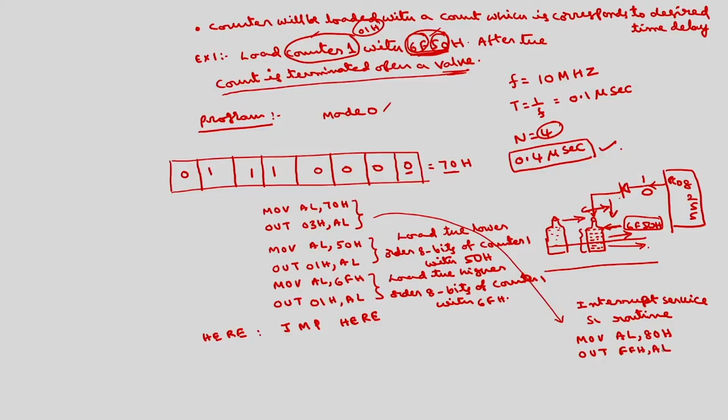This will program all the ports as output ports in mode 0. Then MOV. So, if this is 1 it means the valve opens, 0 means the valve closes.